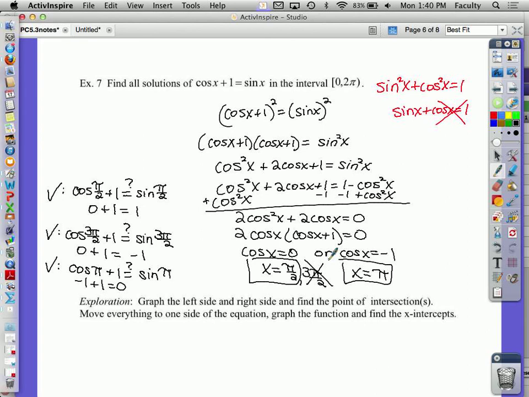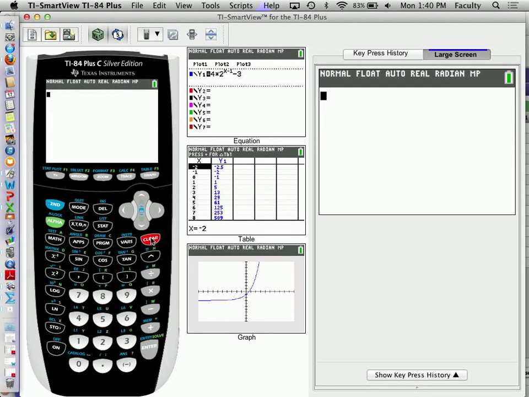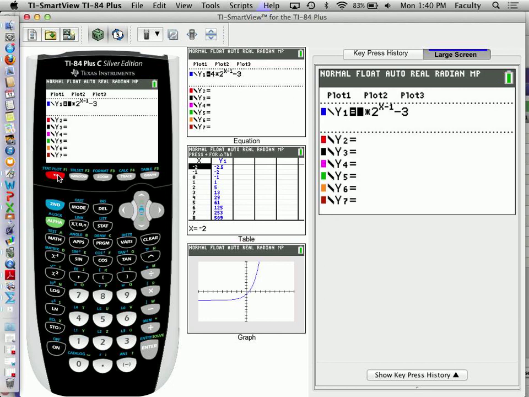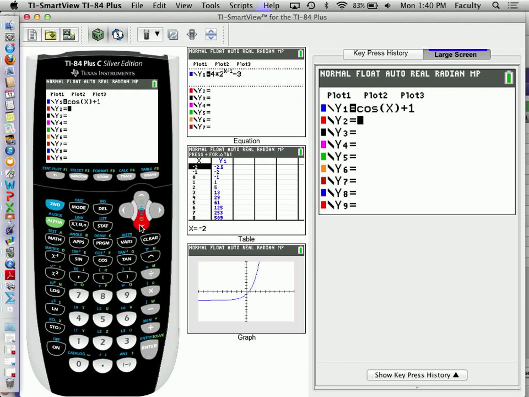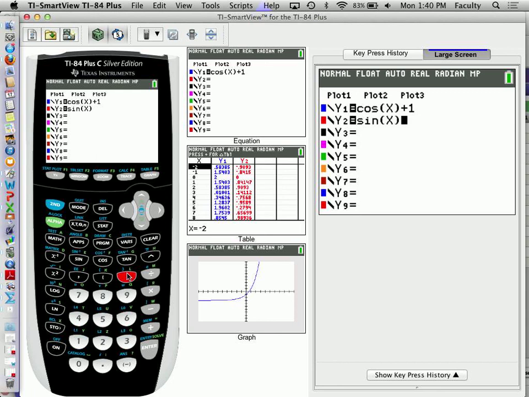Now, what I want us to do is, it says you can graph the left side and right side if you're allowed to use your calculator, like if that's a viable option. Take out your calculators and let's go to our Y screen. I want you to enter cosine x plus 1 on the right side, sine x on the left side, and we're going to graph it and look for the intersections.